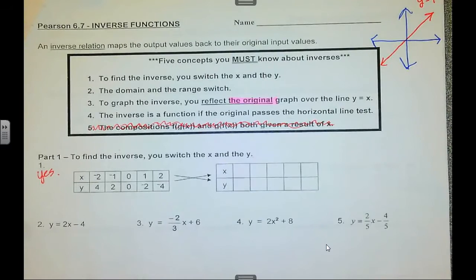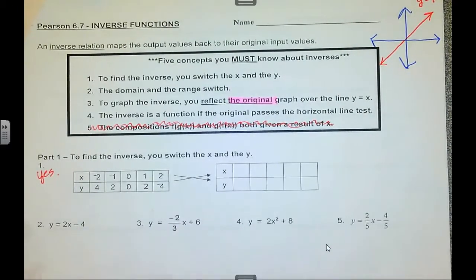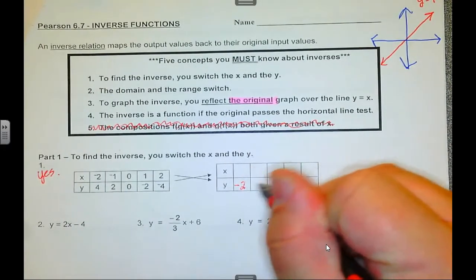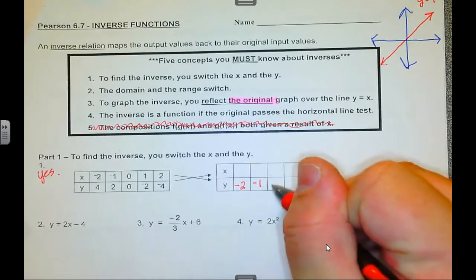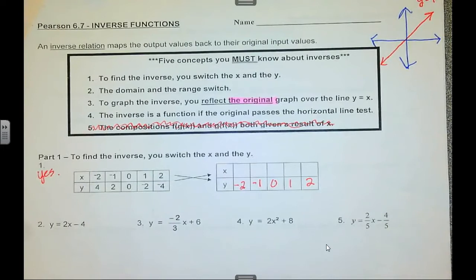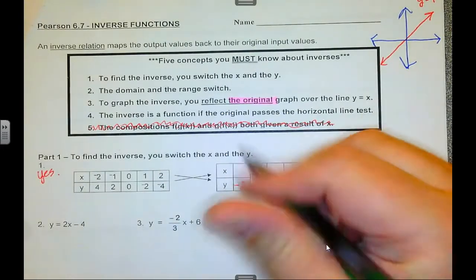Right, Clayton? Yep. So my x's become my y's. So -2, -1, 0, 1, 2, and then my y's become my x's.